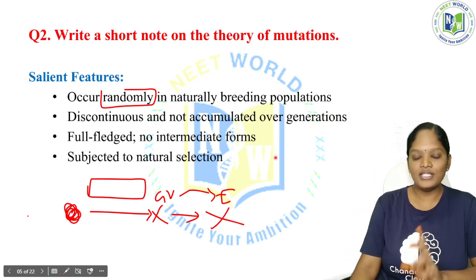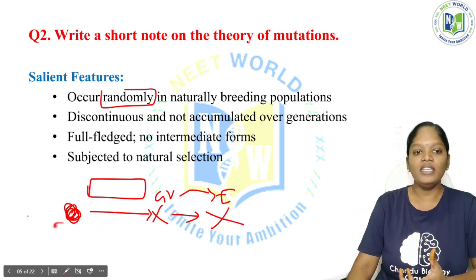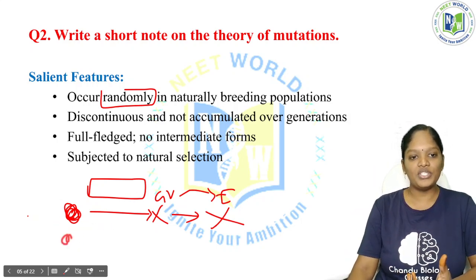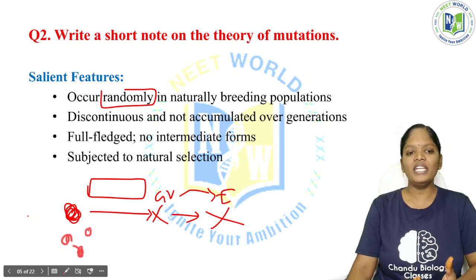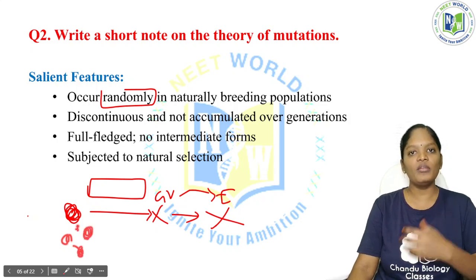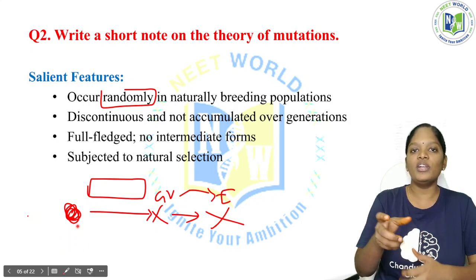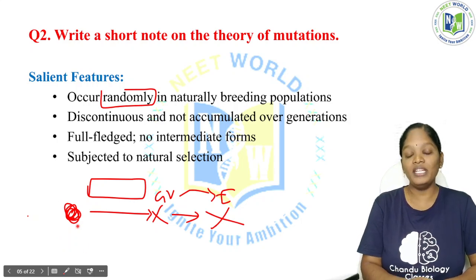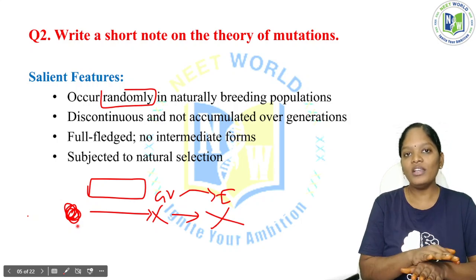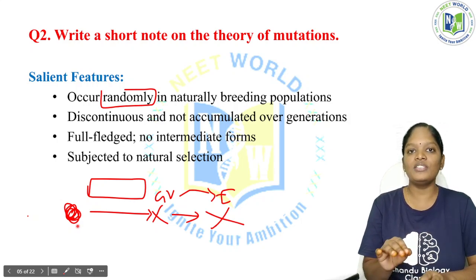Let me explain once again. We have different species. As the environment is changing, all the organisms are ready to change themselves according to the changing environment. But you should know that not all the changes are required.